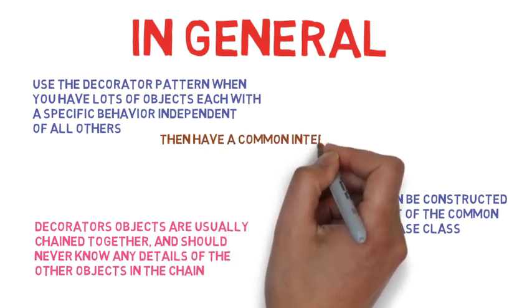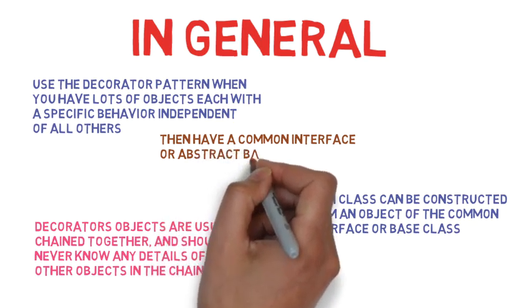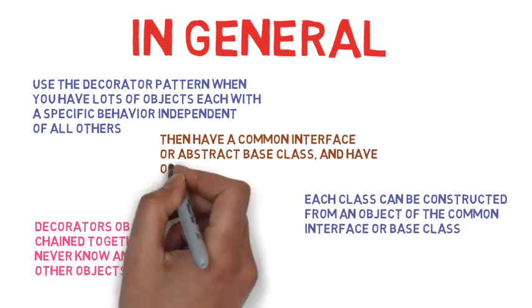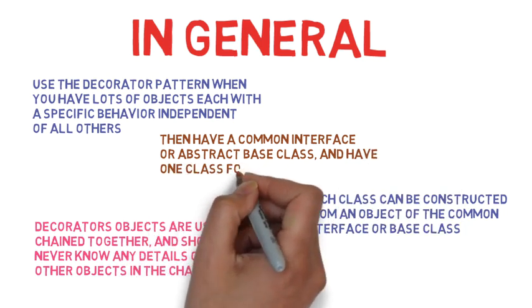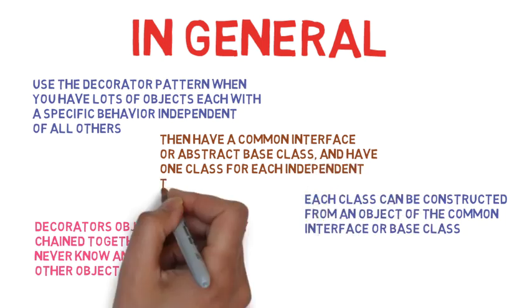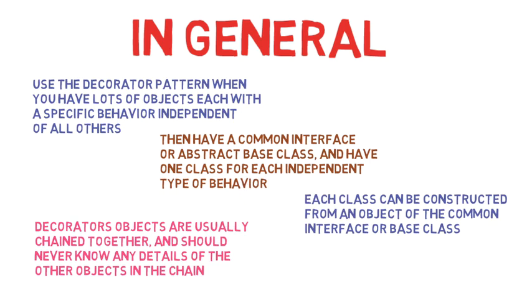They have a common interface or abstract base class and have one class for each independent type of behavior. So all these objects in the decorator chain have a common interface or abstract base class, and the implementation of the class defines the specific behavior for each class, the specific way in which that class decorates.